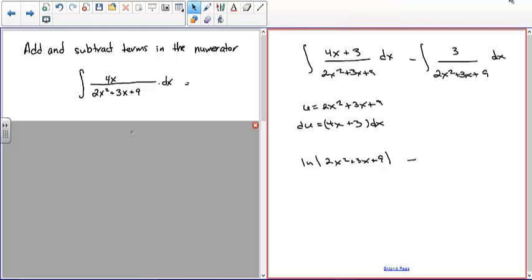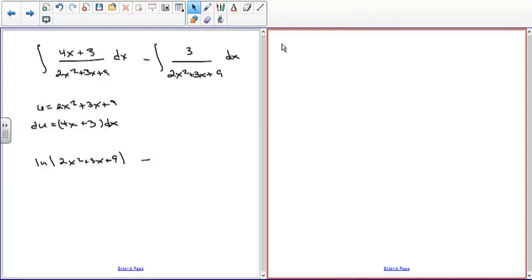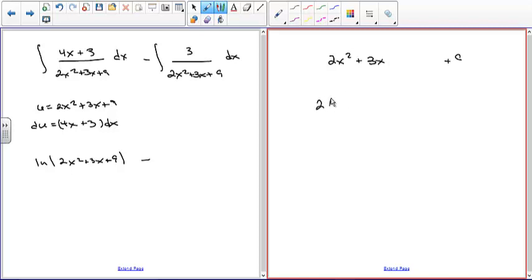So I'm just going to do the completing the square separately. The way you do that is you take that denominator and move the 9 over there, and then you factor the 2 out. So you'd have 2 times x squared plus 3 halves x. Then you would take the coefficient in front of the x term and square that, which would be 9/4.